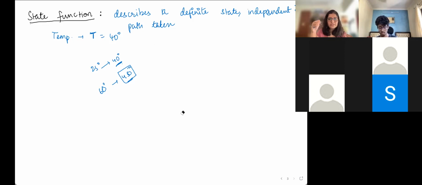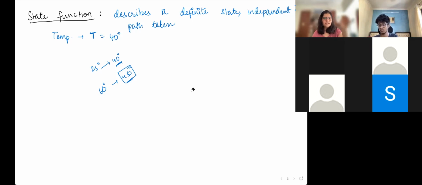You can describe it using all of these different variables or functions. Some of them depend on what path you've taken. Some are just, at 3:38, its temperature is 40 degrees. When I measure it at 4 o'clock, it has cooled down to 35 degrees. Irrespective of whether I've put it in an ice bath or let it cool naturally, it doesn't matter.